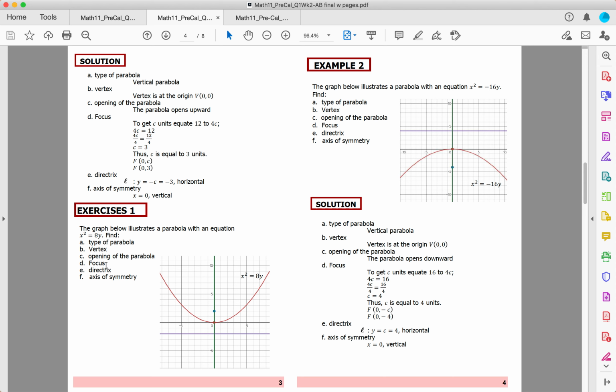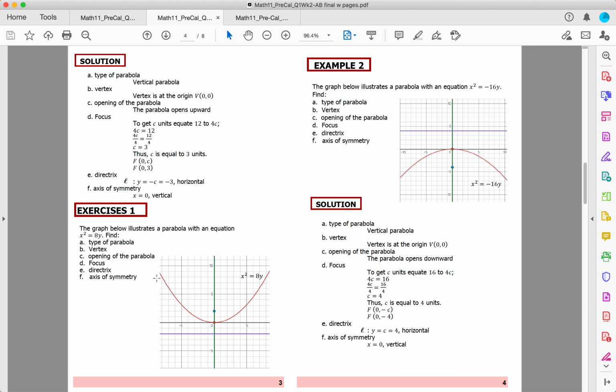So the focus now is the point whose distance from the vertex is 2 units, meaning this is 0, 2. A focus is a point, but you get the point by getting first the distance from the vertex.